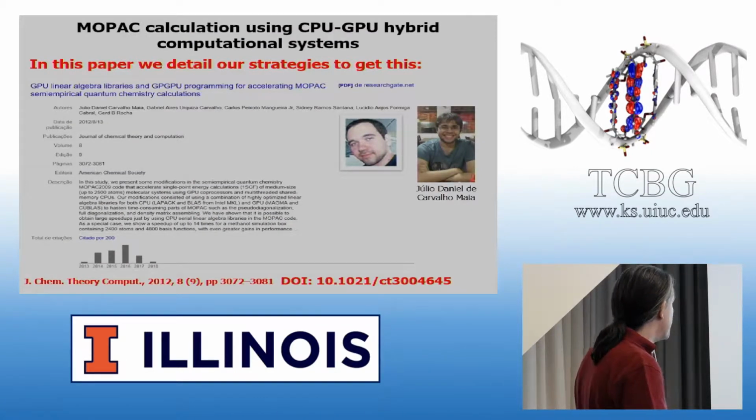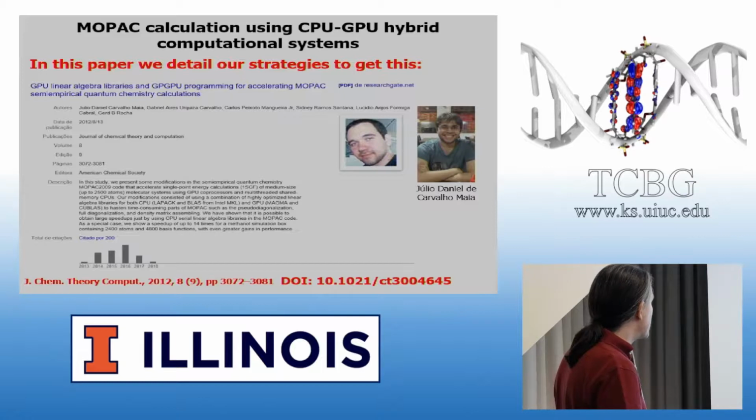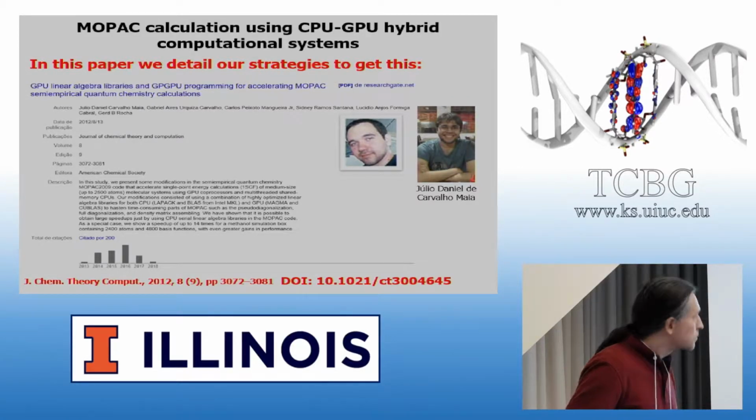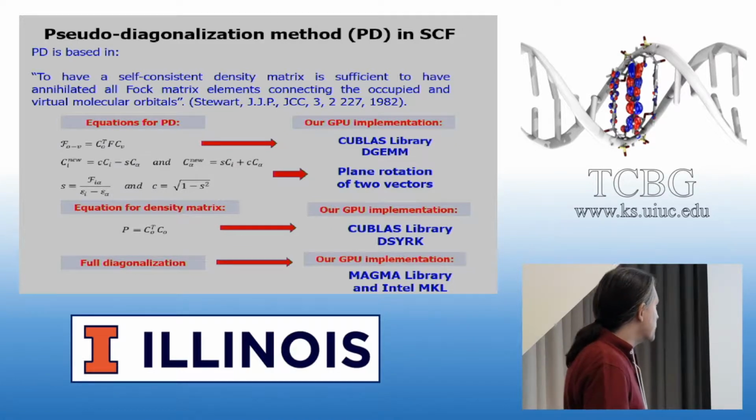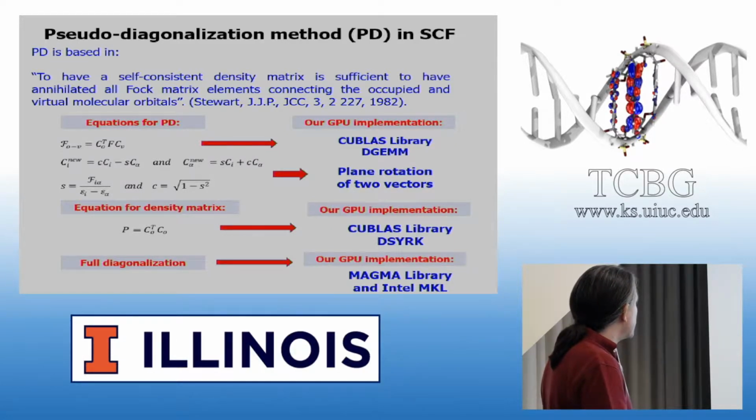And we published this paper where we detail our strategy. In short, what we did was to find specific parts of the MOPAC code that account for matrix multiplication.